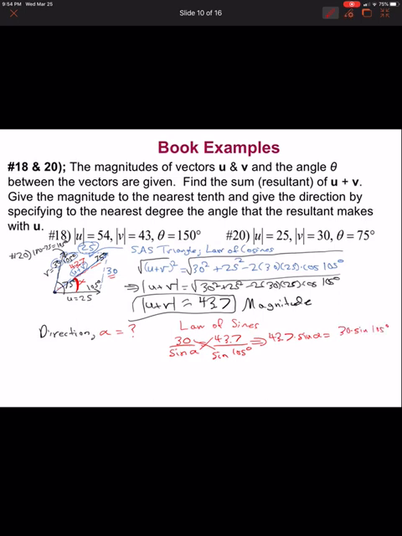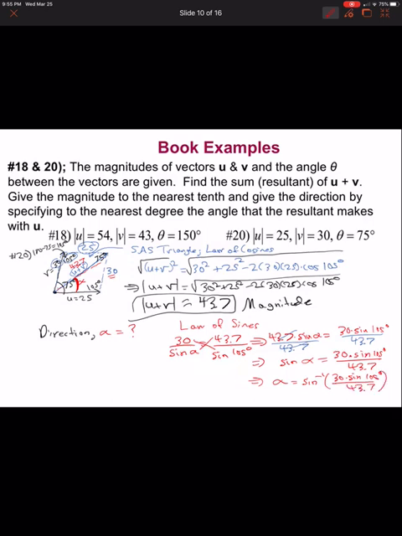And as we divide out the coefficient on both sides, 43.7, we get the sine of alpha, and then we can just use the inverse to find the angle alpha. Since we got the function value, we'll use our inverse property to get the angle measurement. So we're ready for the inverse function. With that, we get alpha equal to sine inverse of 30 times the sine of 105 degrees divided by 43.7.